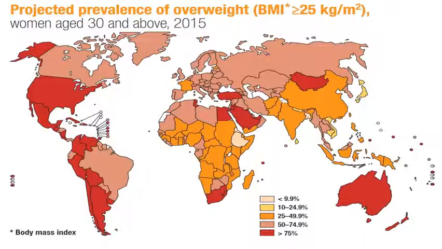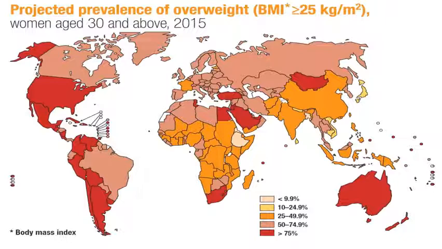According to this map, it gives a projected prevalence of overweight women ages 30 and above based on if their BMI was greater than or equal to 25 kilograms.